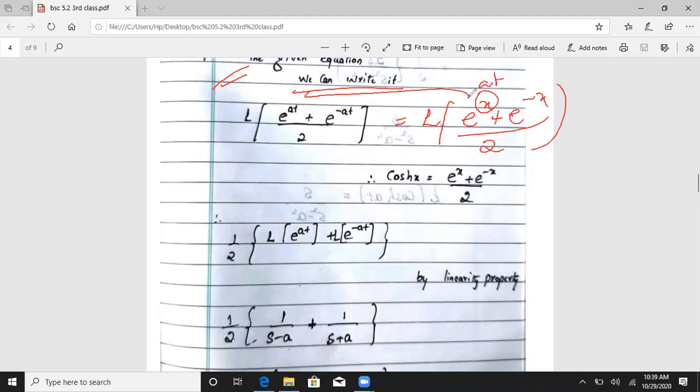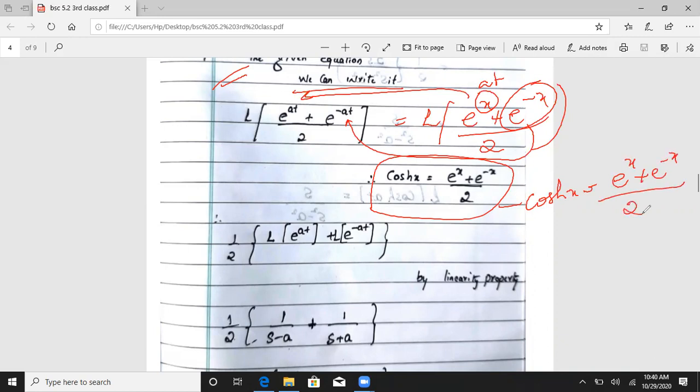That is, the Laplace transform of e to the power at plus the Laplace transform of e to the power minus at, then divided by 2. Why? Because we already know this formula: cosh of x is equal to e to the power x plus e to the power minus x divided by 2.